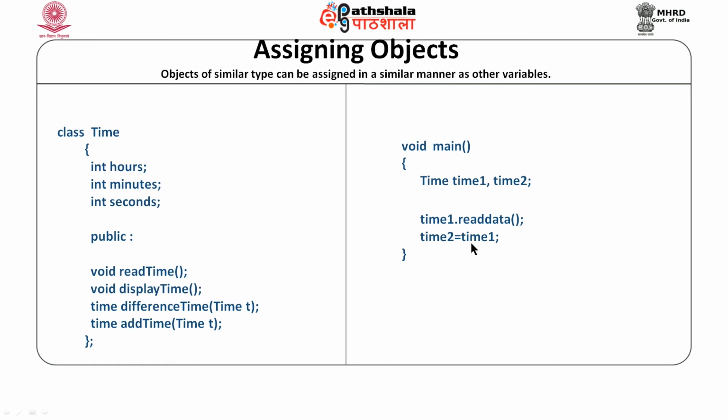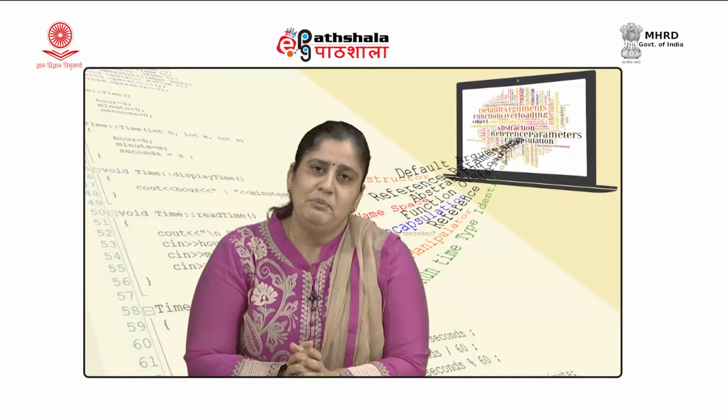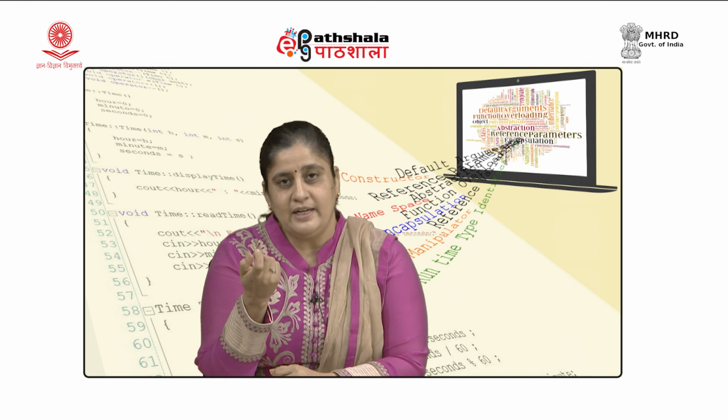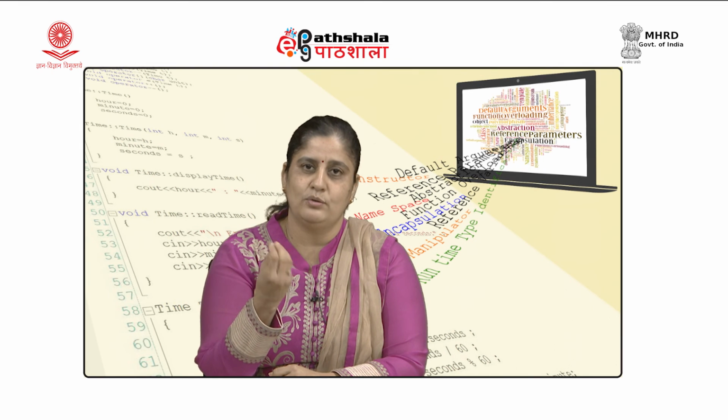So, the object time 1 of time class can be assigned to any other object of time class and this is true with all classes, that object of a class can be assigned to any other object of the same class. Up till now, whatever the examples that we have been seeing, we are declaring individual objects. For example, for student class we declared objects like student 1, student 2, student 3.